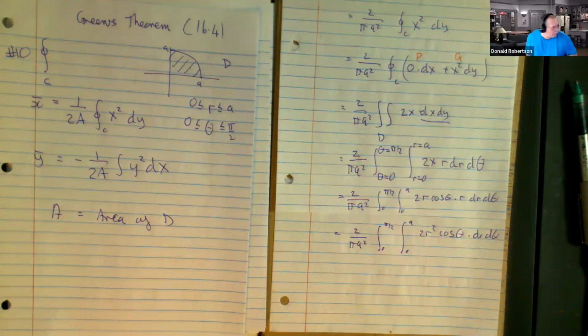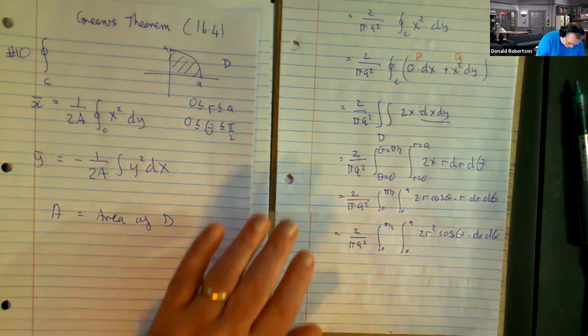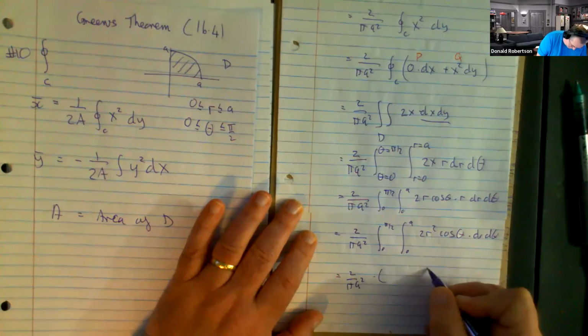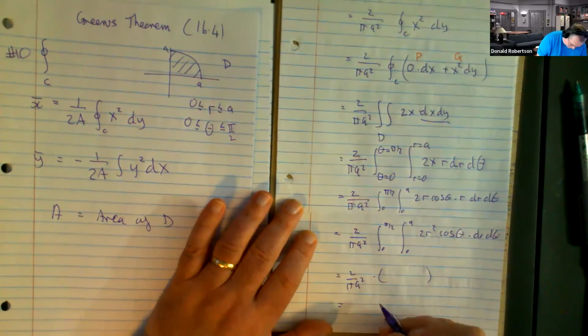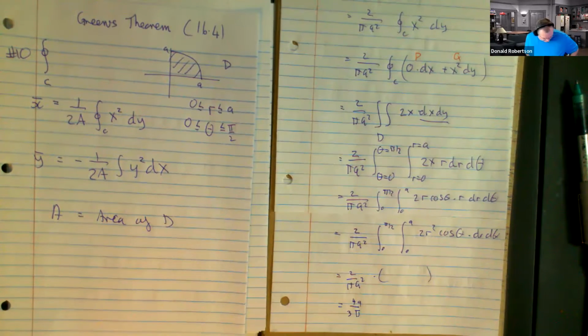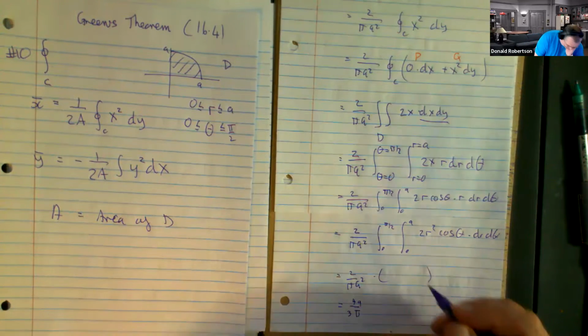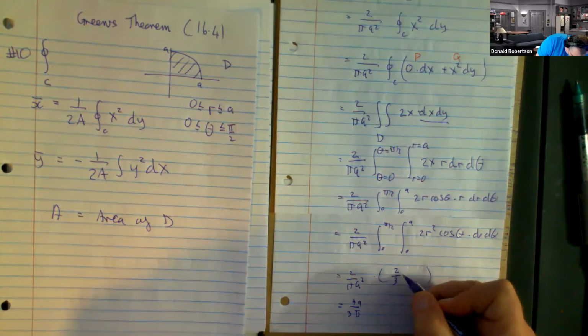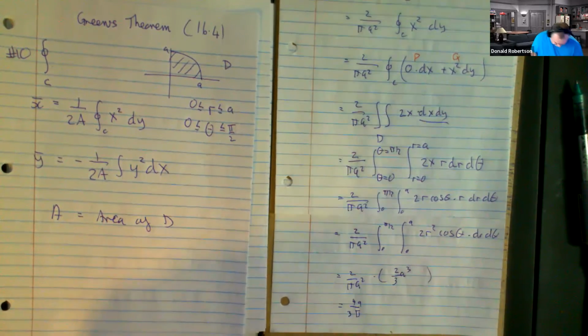Okay. According to what I've got here, this guy times whatever this is, because they're only telling me the answer here, is 4a over 3 pi. So I should be able to figure out what's missing. You're going to have a 2 here, you're going to have a third here, and you're going to have an a cubed.